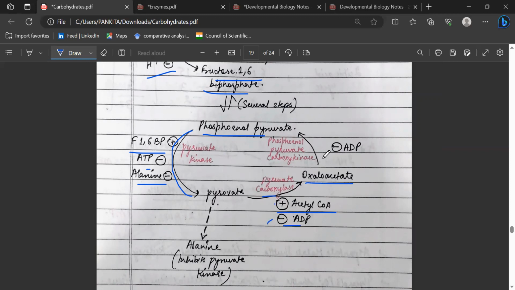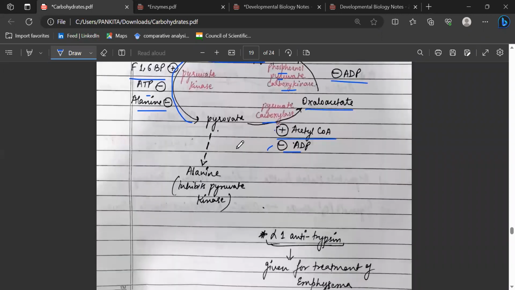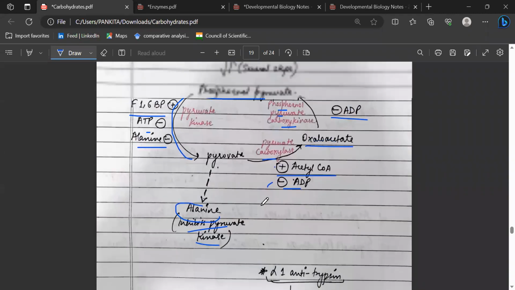The conversion of oxaloacetate to phosphoenol pyruvate by the enzyme phosphoenol pyruvate carboxykinase is negatively regulated by ADP. In case alanine is present, alanine inhibits the action of pyruvate kinase, so pyruvate is not produced.